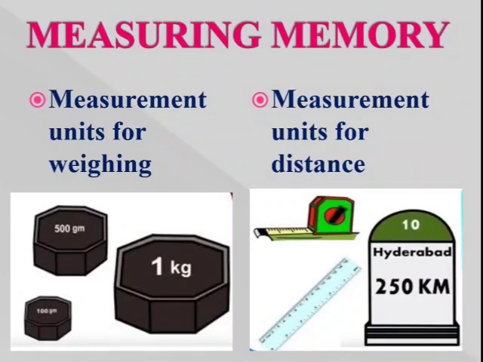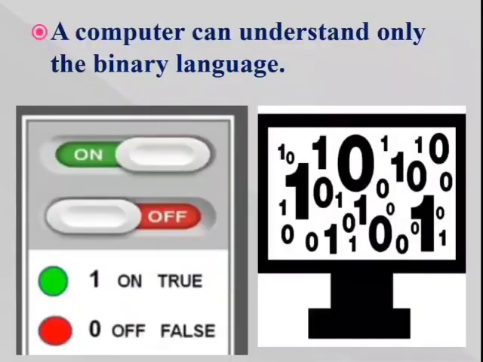Children, there are different units of measurement such as grams and kilograms for weighing, meters and kilometers for distance. Similarly, there is a unit for measuring the computer memory. A computer is an electronic machine, so it works on the concept of on and off.